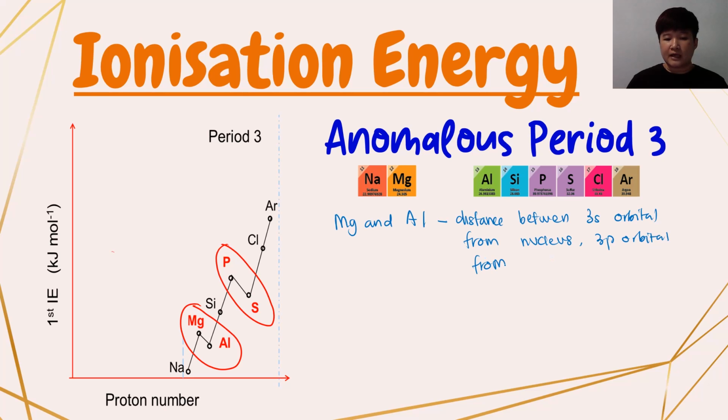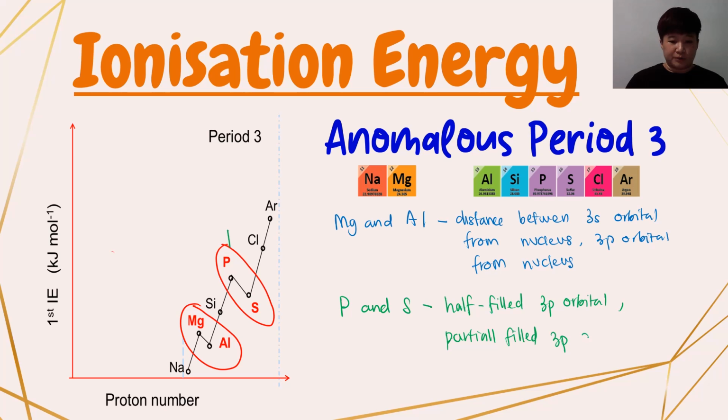The same thing as in period 2. While for phosphorus and sulfur, we'll be talking about the half-filled 3p orbital and also a partially filled 3p orbital. Which one is more stable and which one needs more energy to remove the electron from.